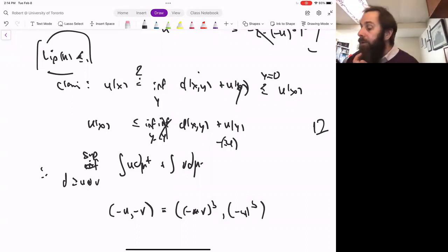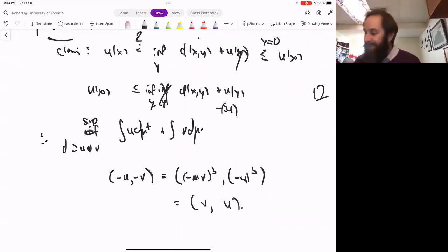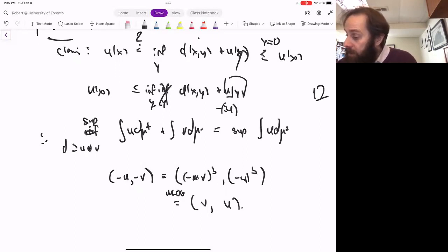And what the calculation that I just went through is showing is that really this means that minus u is v and minus v is u, because this u here can be replaced by minus u. And so this becomes the sup over the integral of u d mu plus minus u d mu minus.